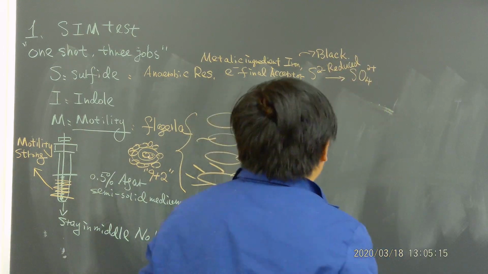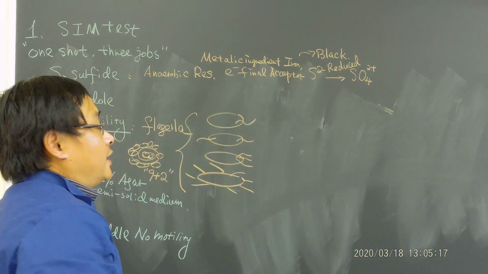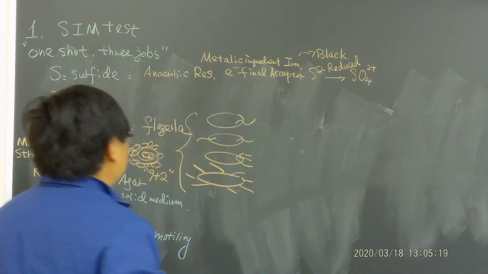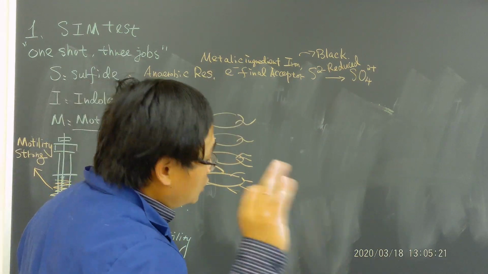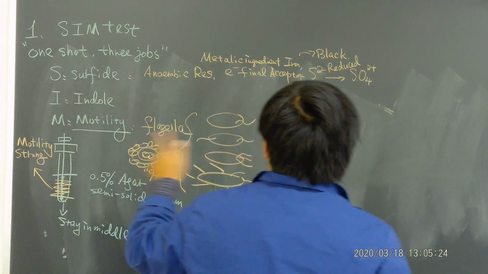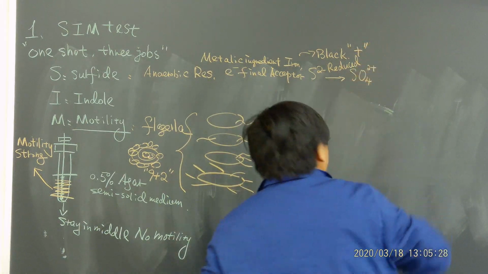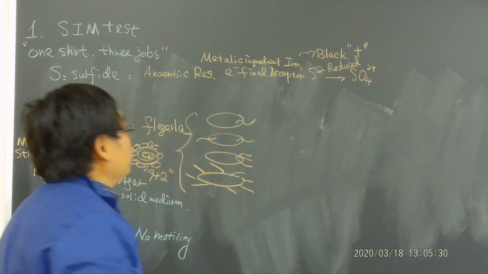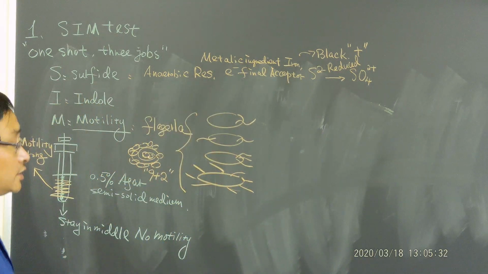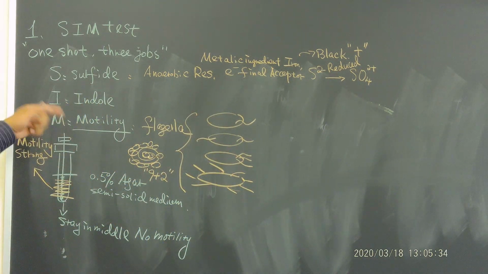So if two weeks from today, since we have a holiday next Tuesday, you see your tube is black, which means it's sulfide positive, because the metallic ingredients like iron inside of this medium will turn black.